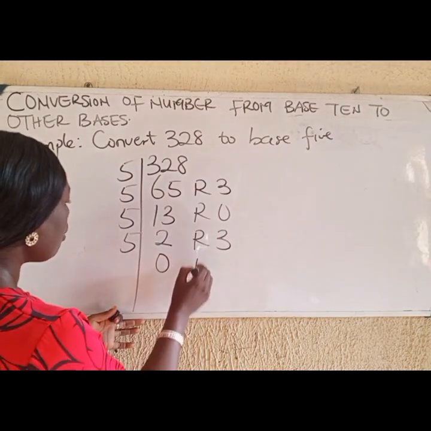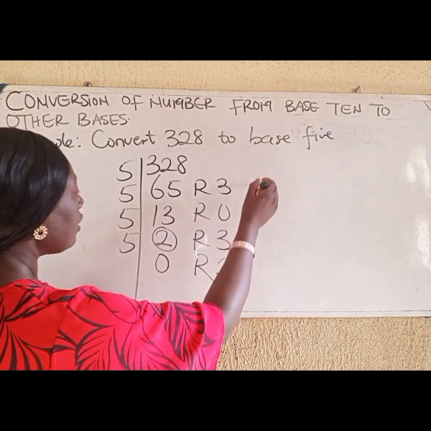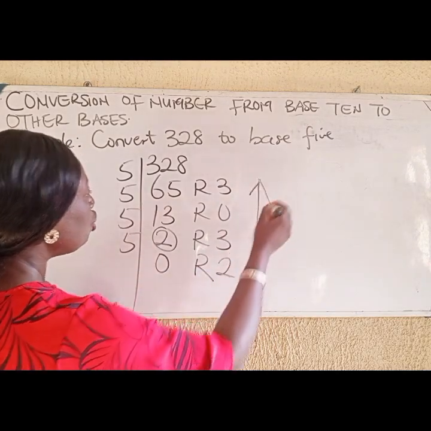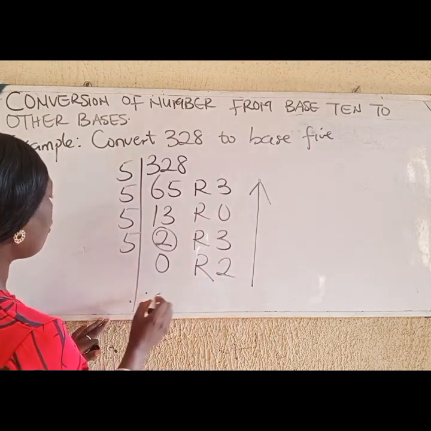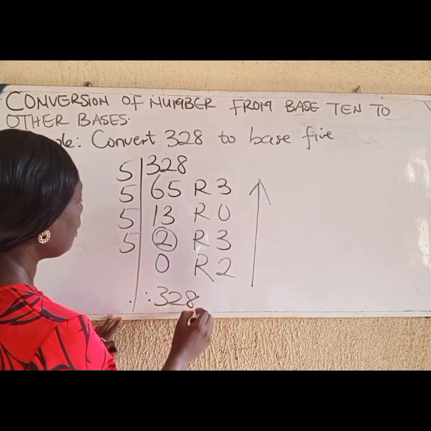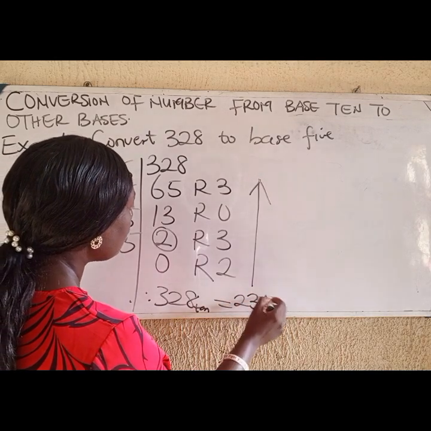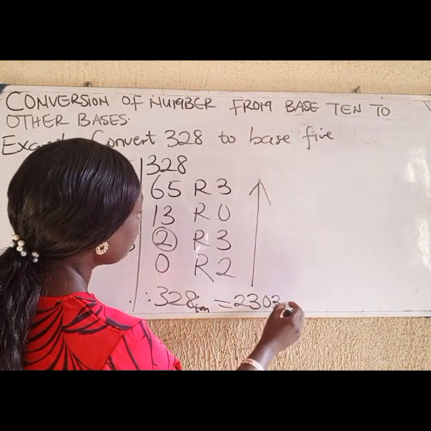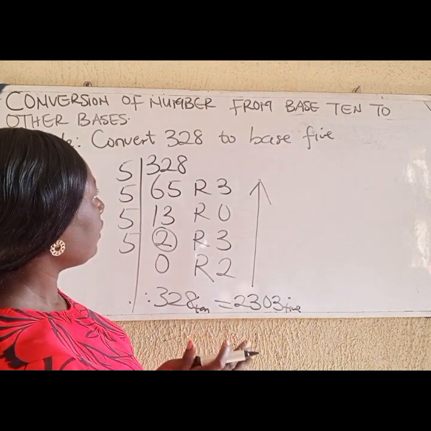So I have 0, remainder 2. So I'll bring it out. Then I'll put my arrow showing that you will read your answer from down. Therefore, 328, which is in base 10, is equal to 2303 in base 5. I hope it's clear.